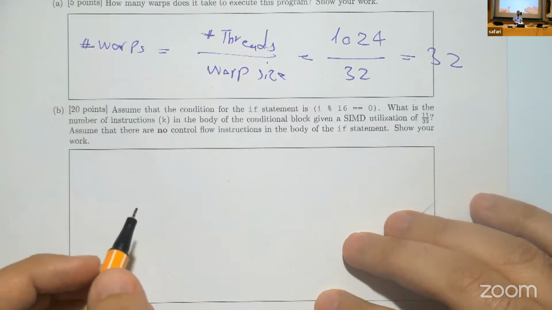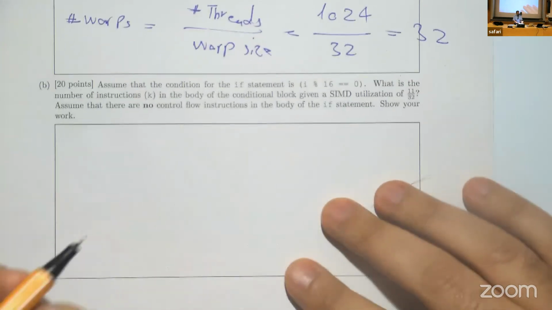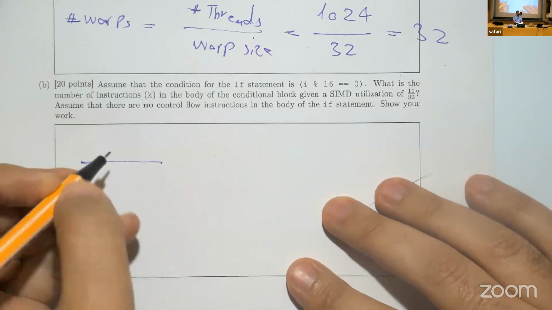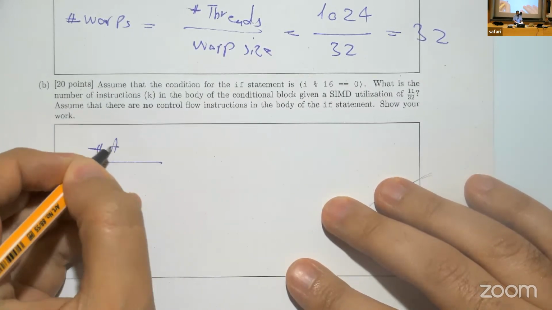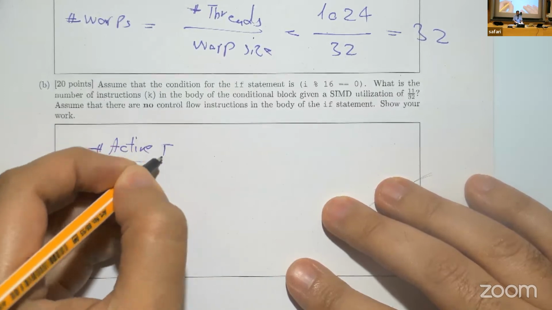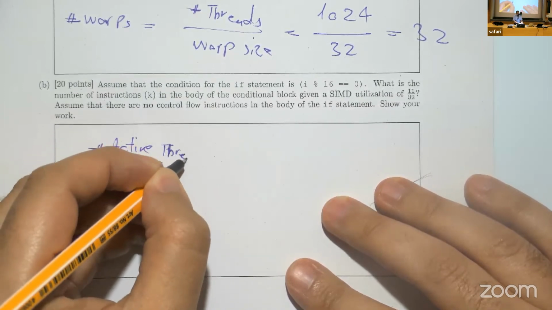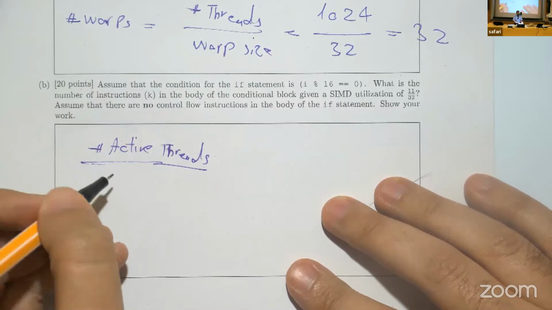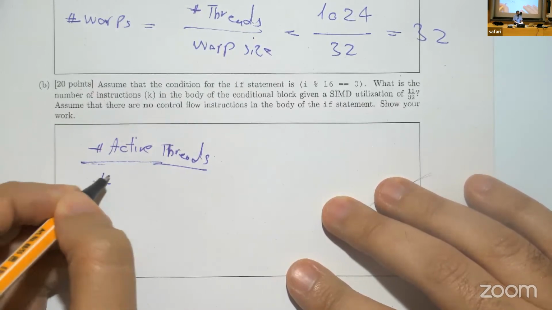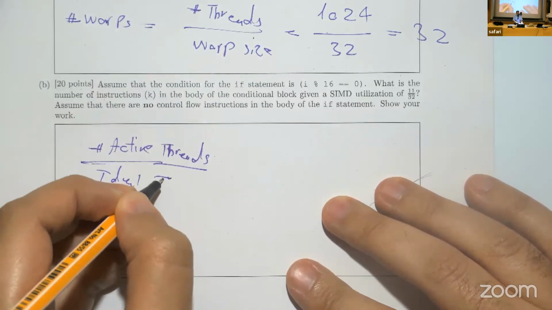Usually when you want to calculate the utilization rate, you need the number of active threads divided by the ideal number of threads.